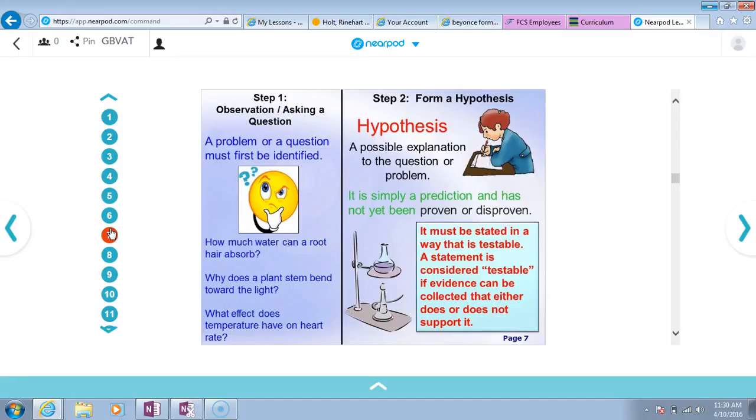That will be your data and your information that let you know if that specific problem or question is right or wrong, based on your results. Your results will come from your data. But let's continue on.